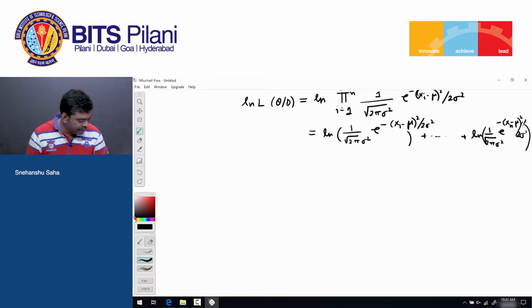Okay. And then you can further simplify this, because what is happening now is that you have a logarithm in the exponential and then you have something constant, right? So log and exponential are inverses of each other.